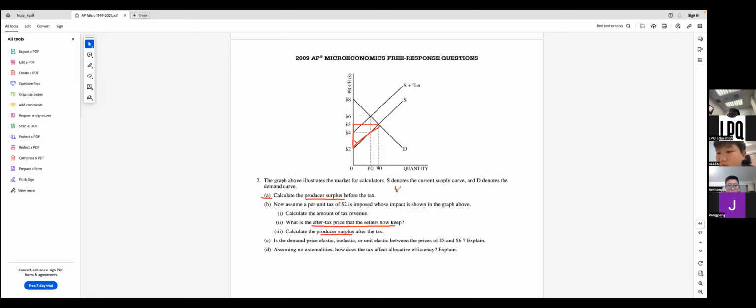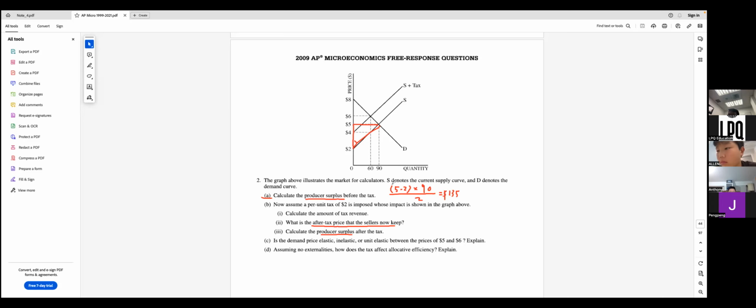So 5 minus 2, times 90 over 2, so 135. So $135.